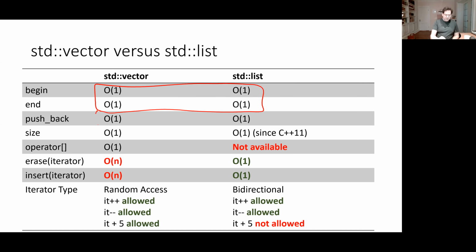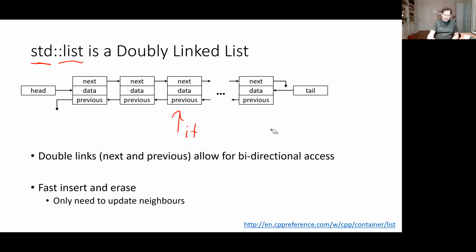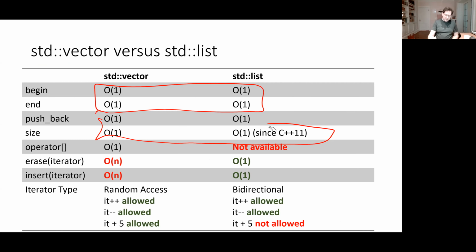Push_back is fast for both of them. Size is fast as well. Size is fast for a list because the list actually has an additional data member called size. If I walk through the whole list counting things, it would be slow. To make it fast, the list stores a little bit of extra information. It actually knows how many elements are in it.